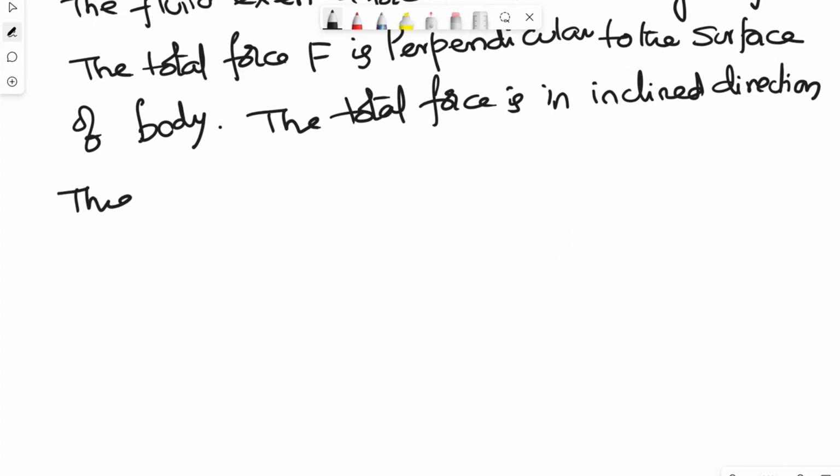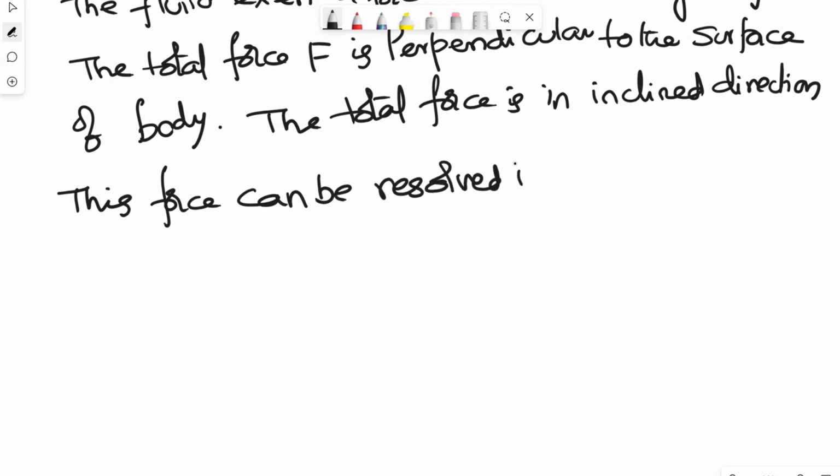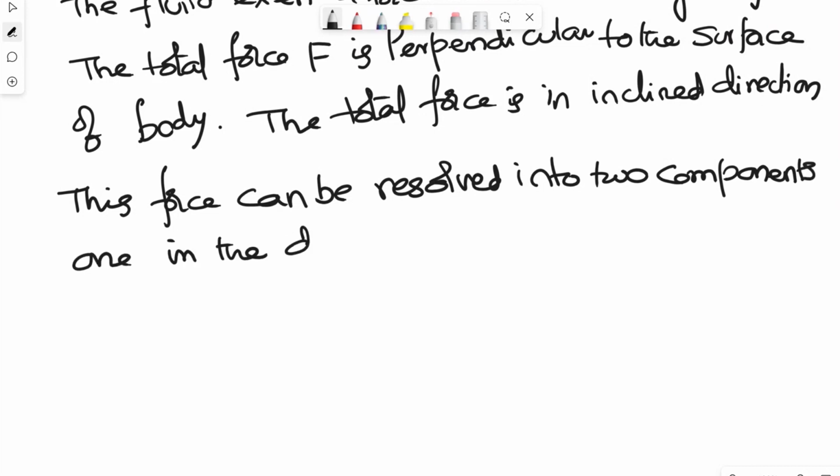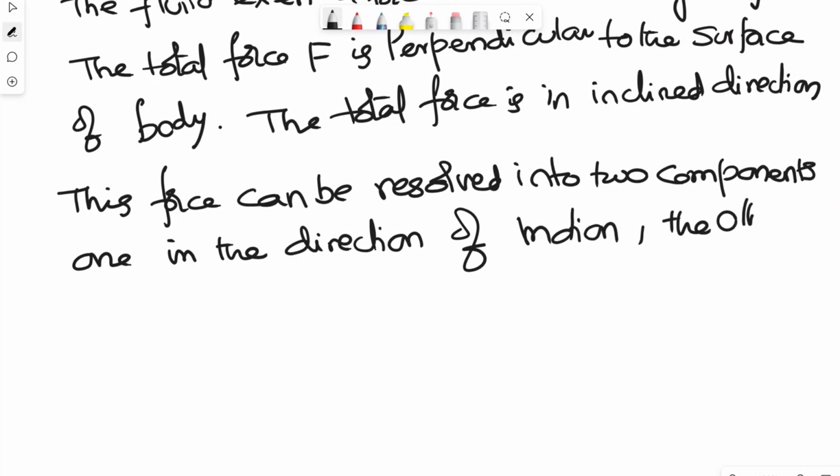This force can be resolved into two components: one in the direction of motion, the other perpendicular to it.